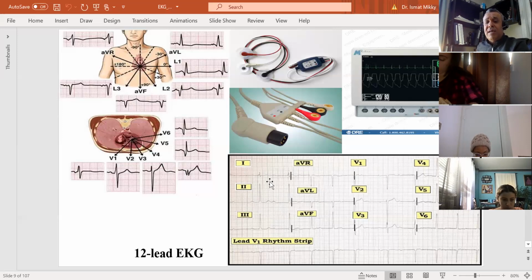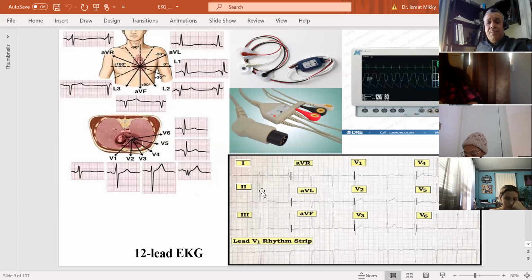So why are there differences between leads, given that 12 leads are supposed to give us similar, nice deflection of the segments of the cycle like lead 2?